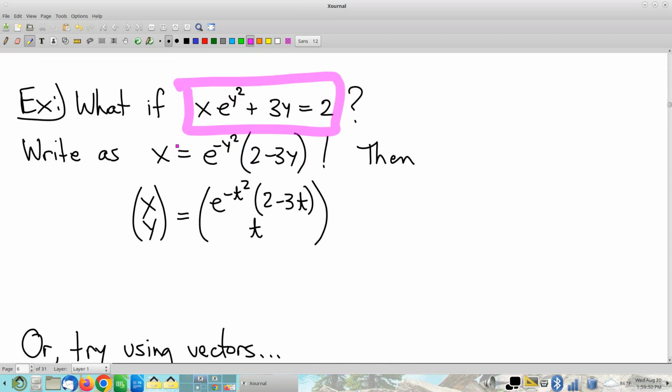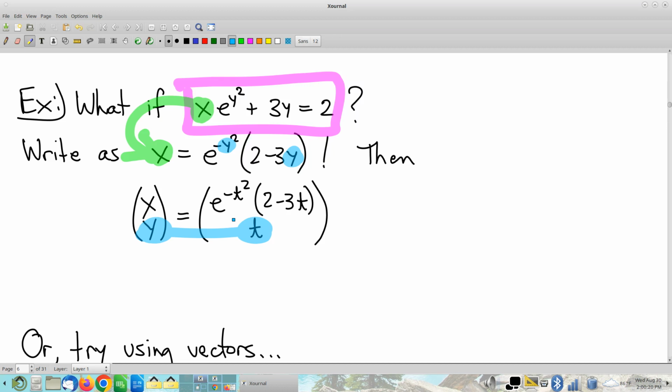And in this case, I can absolutely solve for x. Can't solve for y, but I can solve for x. X now is a function of the other. And this is a graph. And so I'm going to follow the rule. We're going to let t be the input variable. The input variable here is y. So I'm letting t be the input variable.